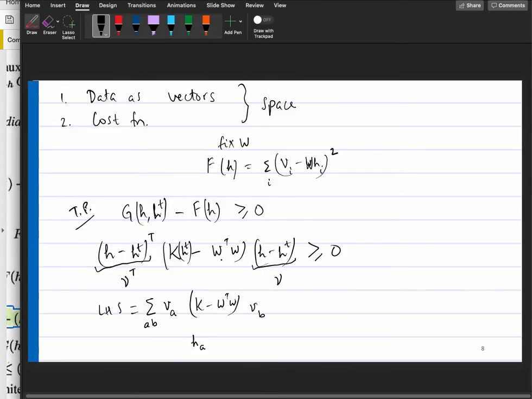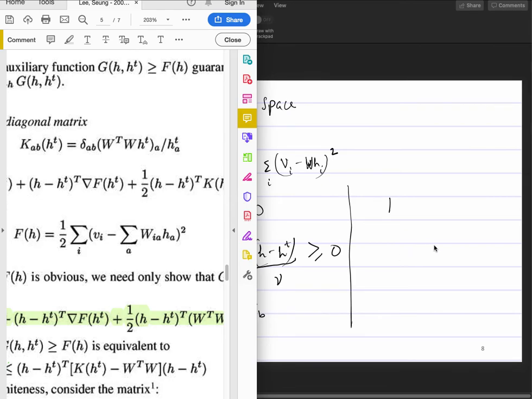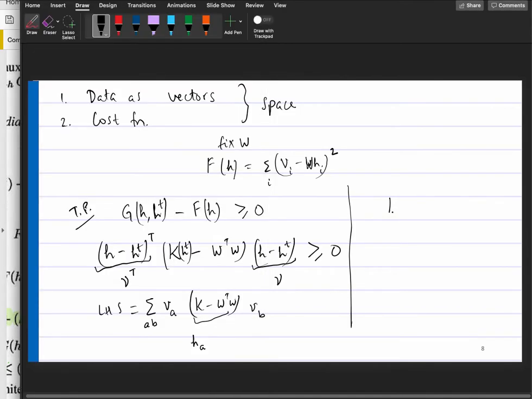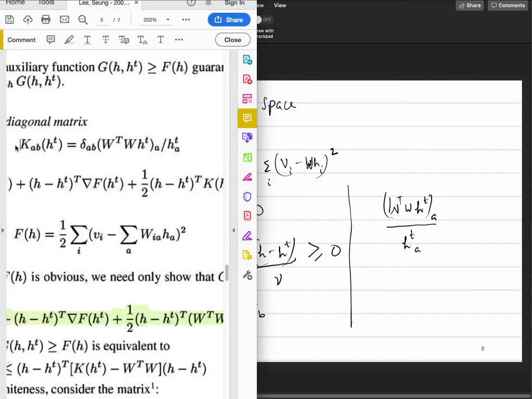Let us write it. So let me write the middle term first. The middle term is, you have KAB, which is this thing, which is W transpose W H, with element wise division by HT A, and then delta AB.